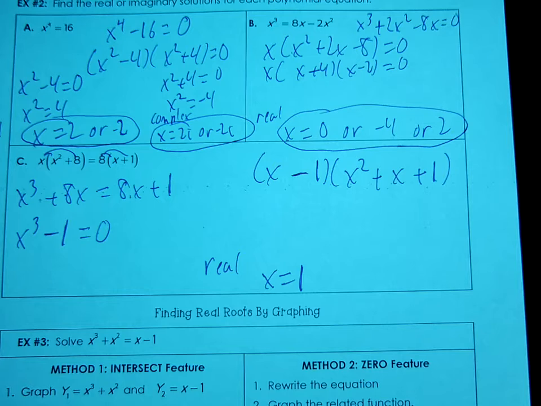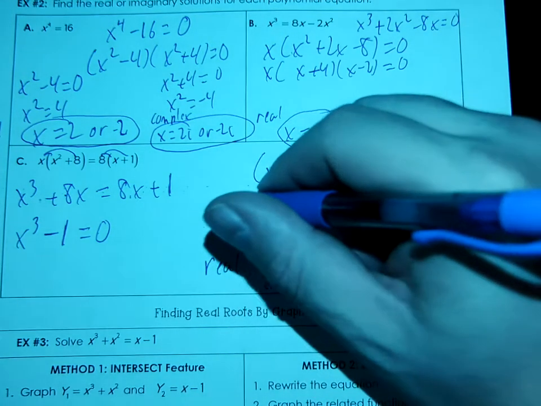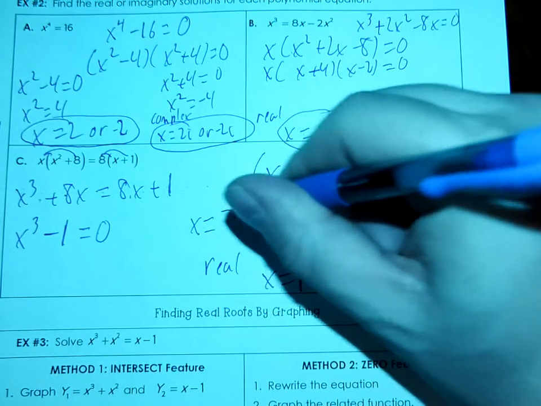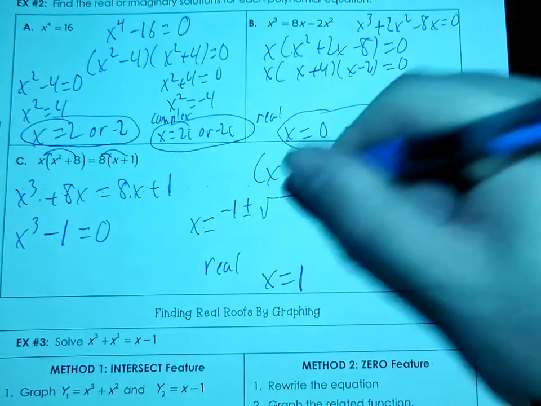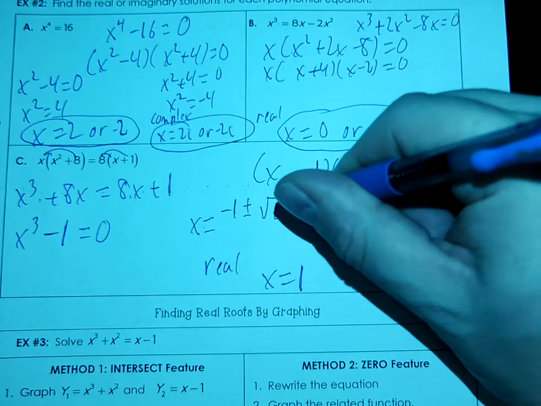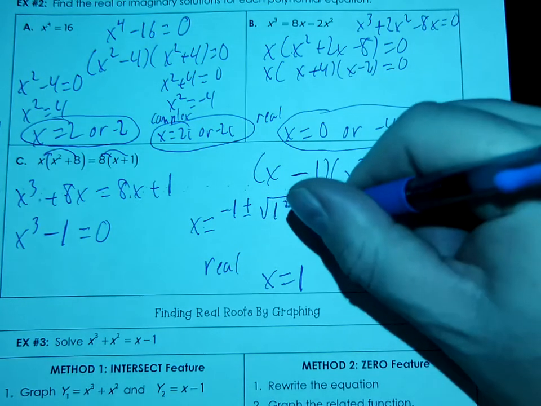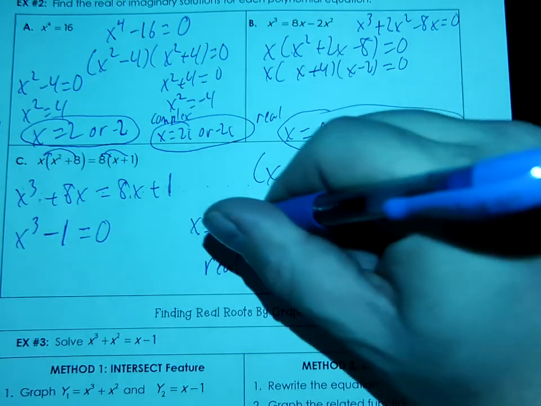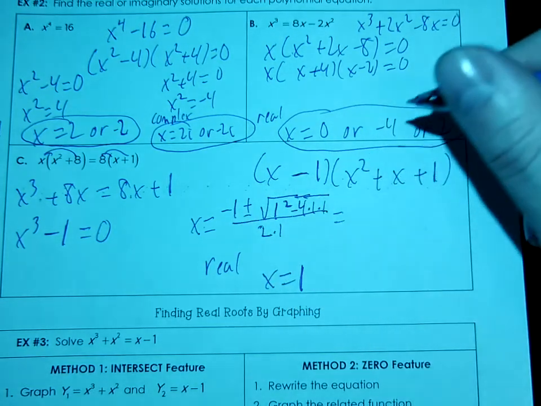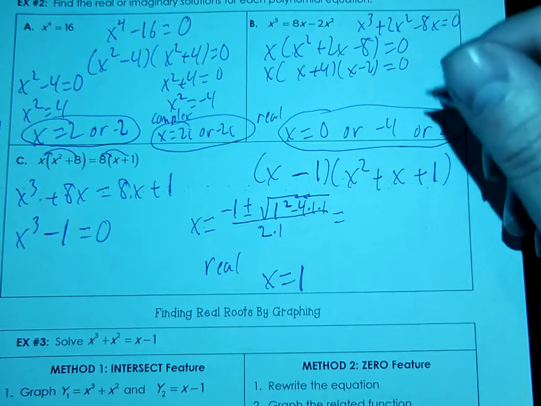So you may have to use the quadratic formula on some of these questions to find the complex zeros to finish the question. So for the other two zeros, I'm going to do x is equal to opposite b plus and minus the square root of b squared minus 4ac, all over 2a. This will give me my other two zeros, my imaginary zeros or complex zeros.